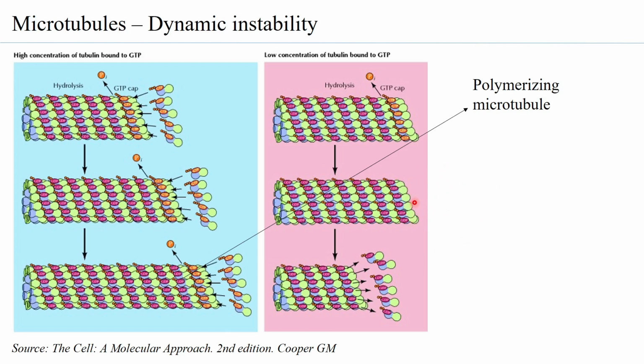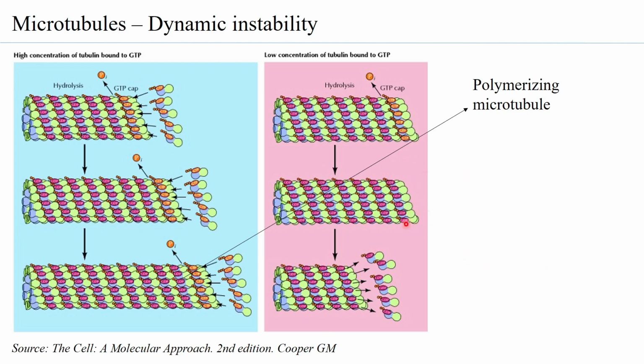Why? Because you do not have any further heterodimers coming and binding. But like mentioned earlier, this beta GTP will not remain beta GTP for long, because it has a weak GTPase activity. It is going to convert its GTP into GDP, and that conversion of GTP into GDP is going to release energy.